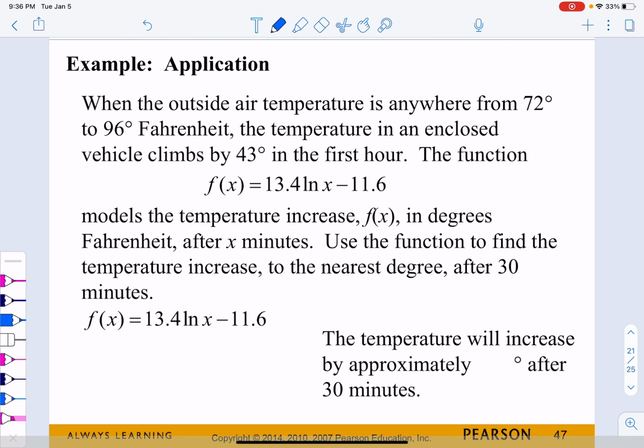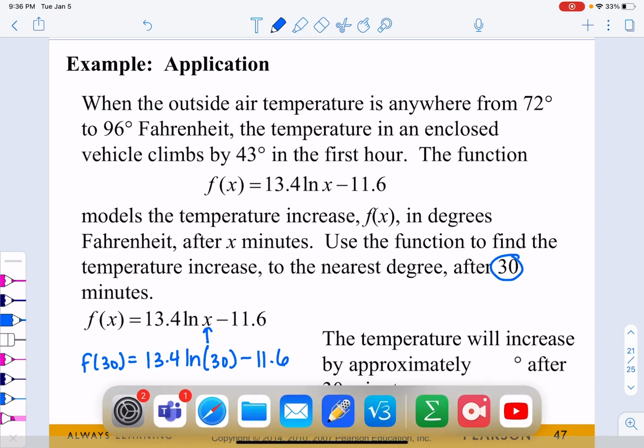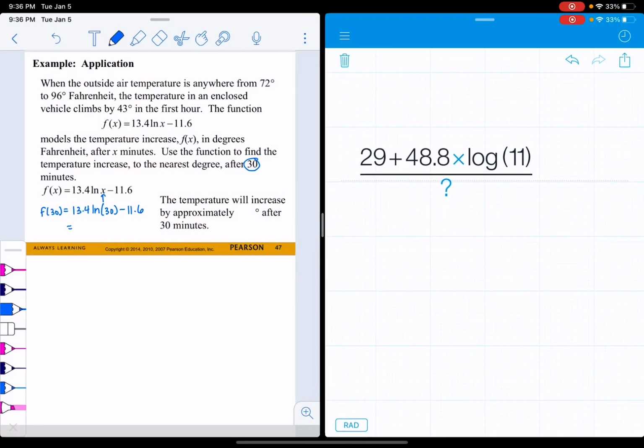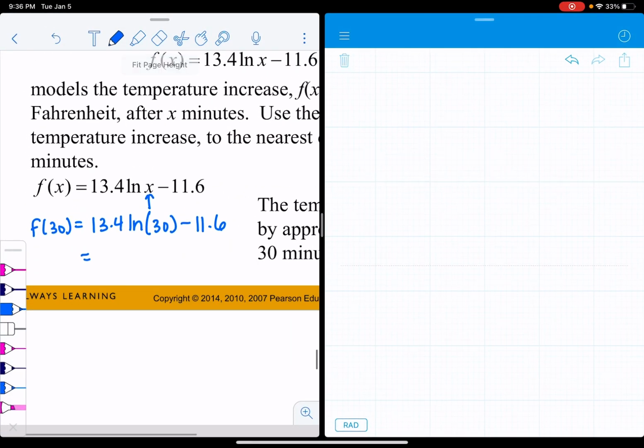So in this case, we're talking about 30 minutes, which means that in place of x, we're going to plug in 30. So the value of the function at 30 is equal to 13.4. You're going to use that ln button and then type in the 30. And then we're going to subtract the 11.6 and we'll see what we get. I'm going to use this little calculator so I can just type it out. Hopefully it works out okay this time.